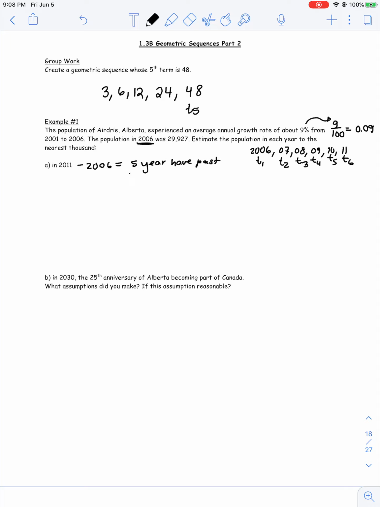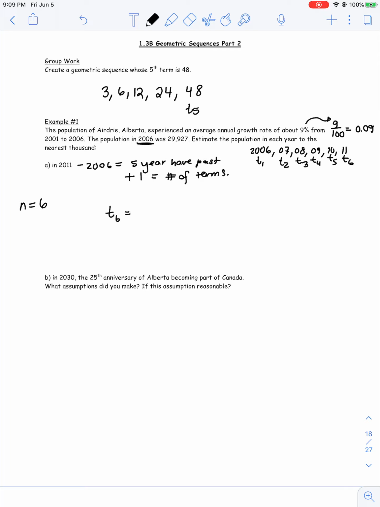So whenever you find years of difference, you're going to always have to add 1 to get the number of terms. So what that means is n equals 6. There are 6 terms in this sequence. So that's going to help me because we're finding term 6.